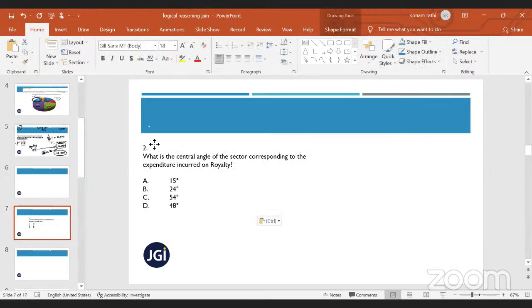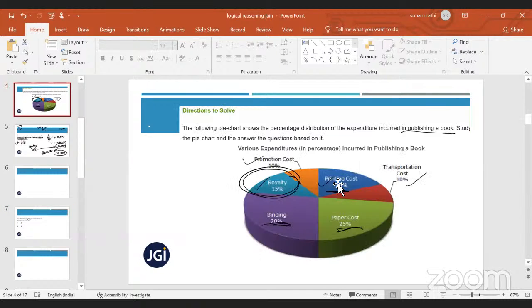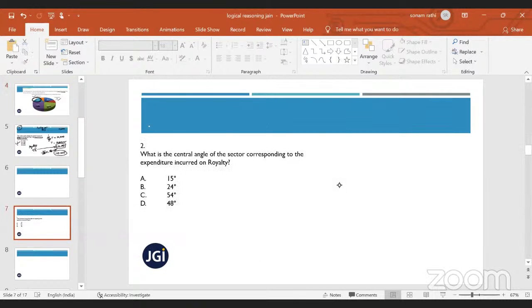Question number 2. What is the central angle of the sector corresponding to the expenditure on royalty? We know royalty is 15%. Basically, we need to convert 15% into degrees, into an angle. Before solving this question, you need to understand: one complete circle is how many degrees?